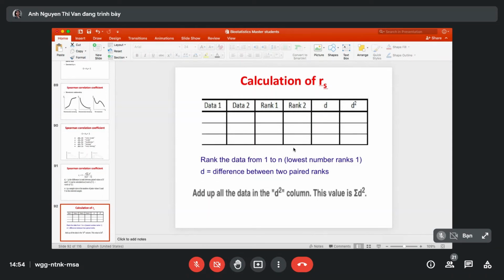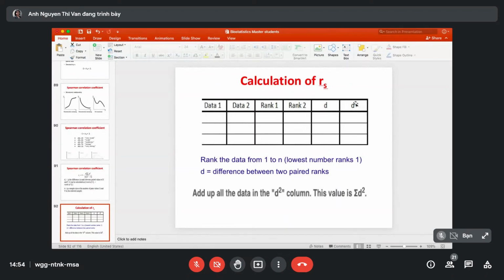Then you calculate D of each pair, rank 1 minus rank 2, and in the last column you take the square of D.